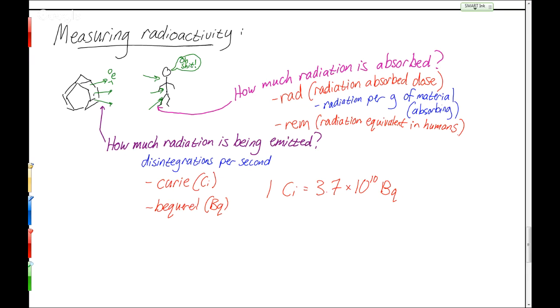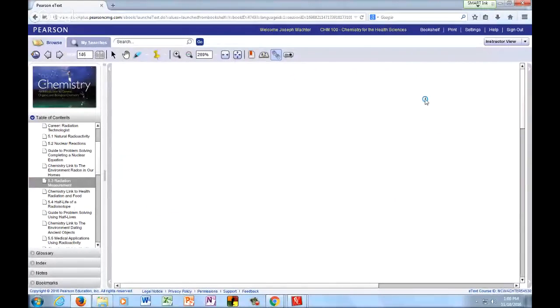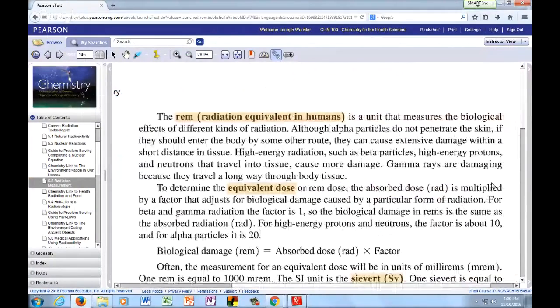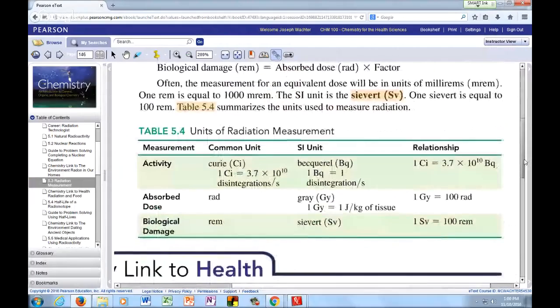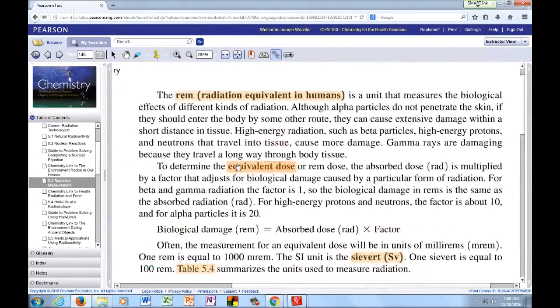So you don't have to know any of these numbers, but they tell you in the text here.